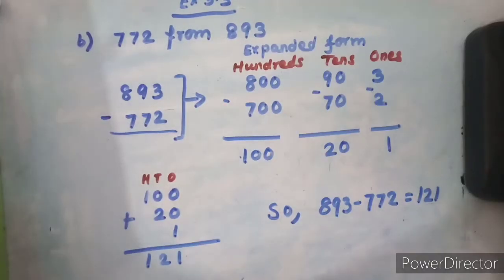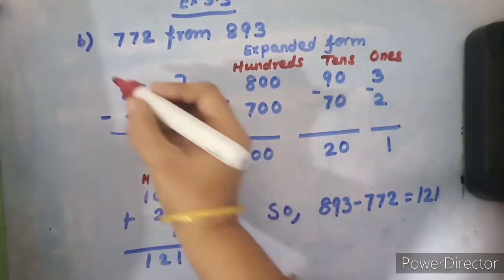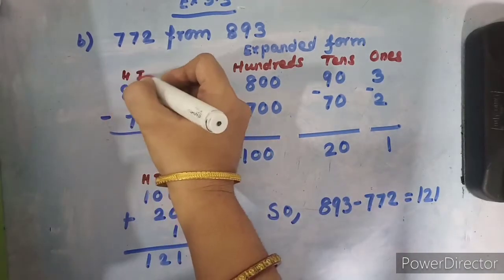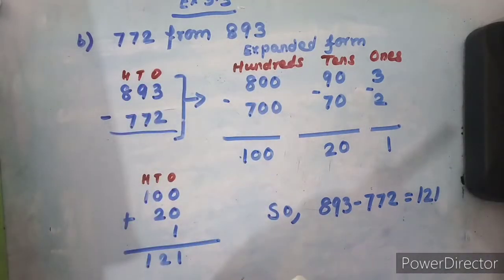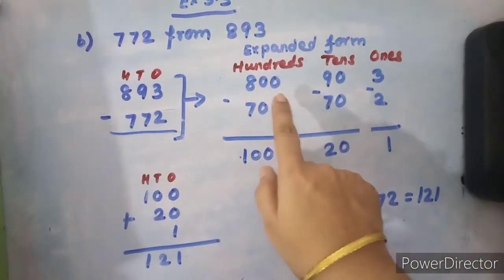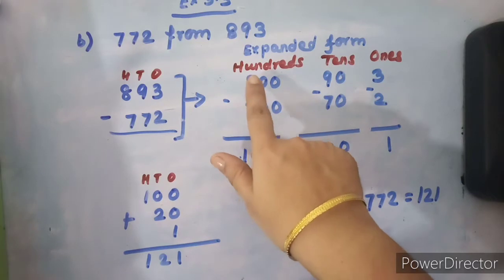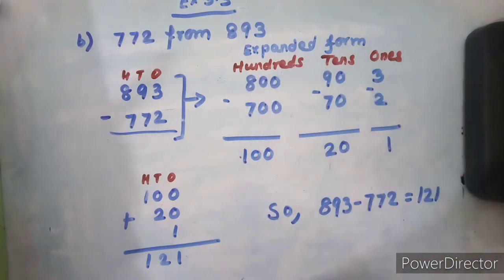Now we have to go for question number 2, that is 772 from 893. Can you see how I have written? I have first written the numbers. Then I have written the expanded form under the hundreds, tens and ones places.